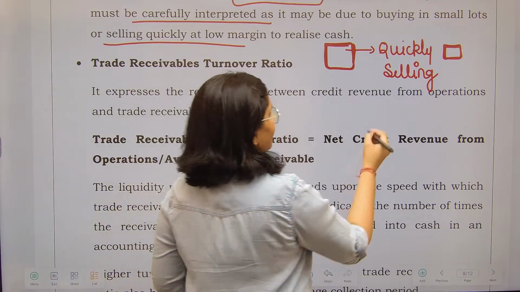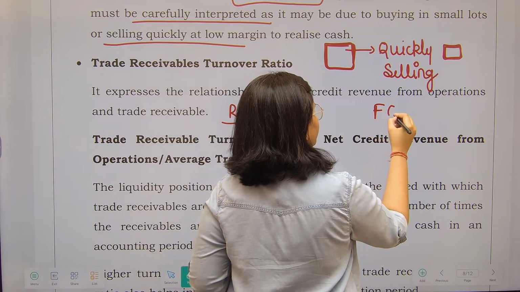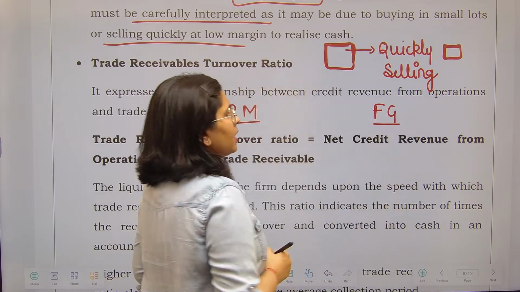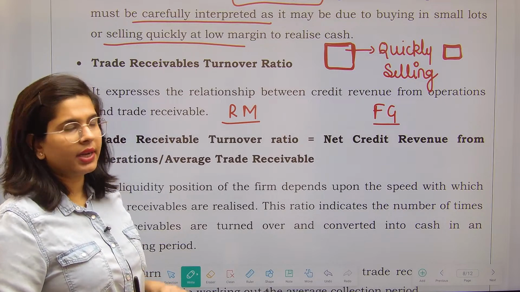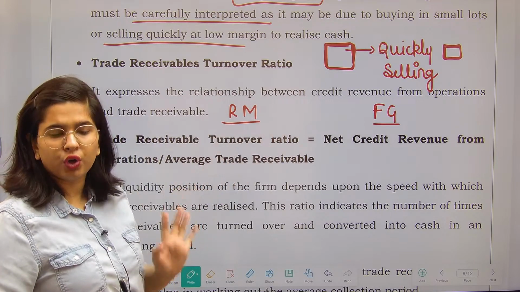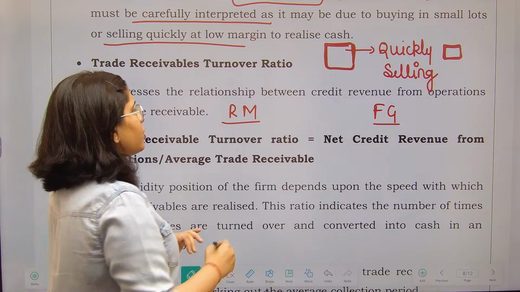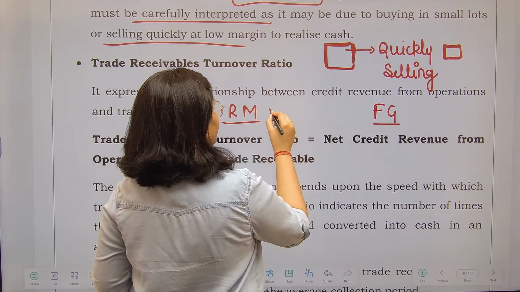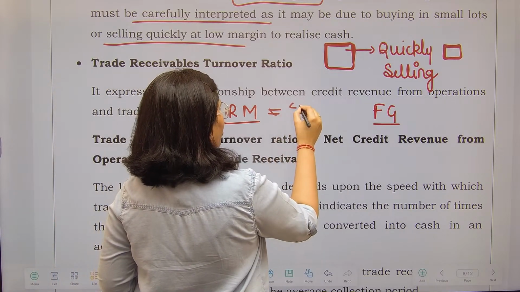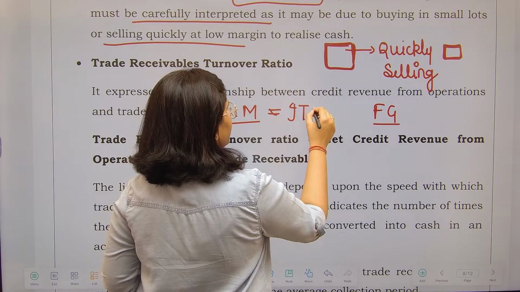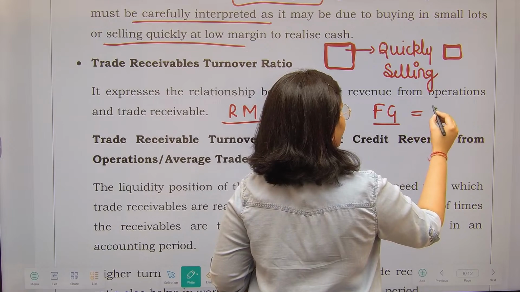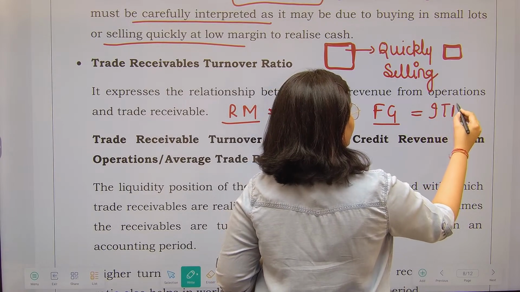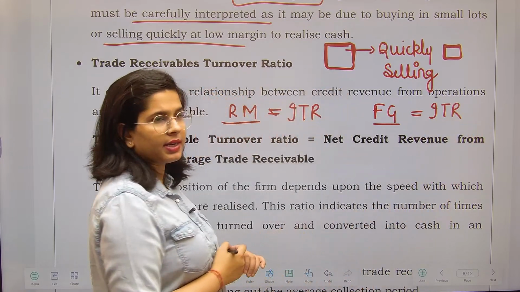We also have inventory of finished goods. So the inventory turnover ratio can be calculated separately for both of them, right? I can calculate an inventory turnover ratio separately for my raw material, and in a similar situation I can calculate inventory turnover ratio for my finished goods also separately.